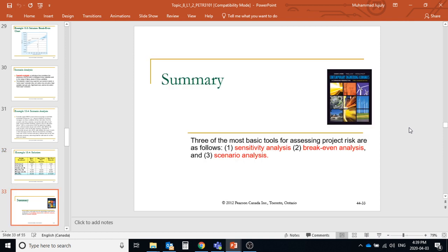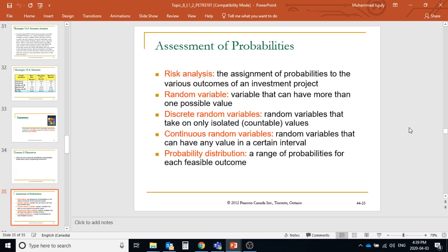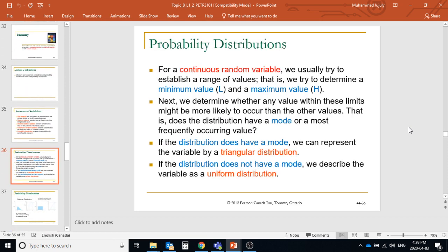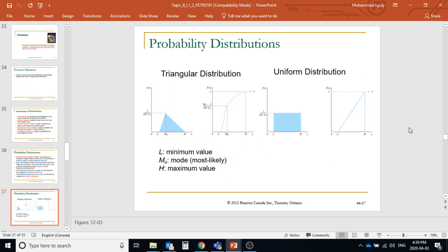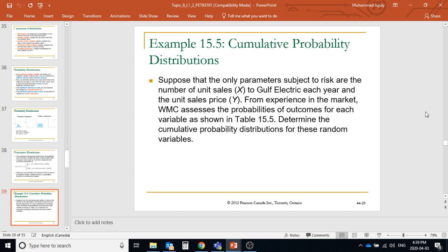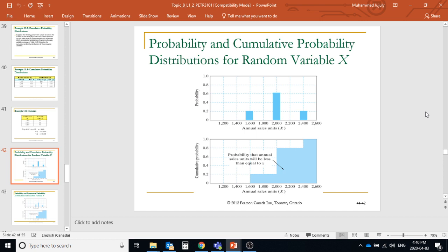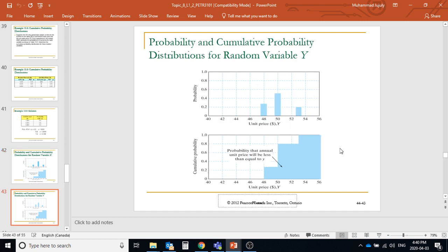Okay, so this would be our lecture 1, and lecture 2 is probabilities and probability distribution curves. For risk analysis, we will just learn at a very high level here. What is the distribution analysis, what is the cumulative probability distribution, and how can we draw it.